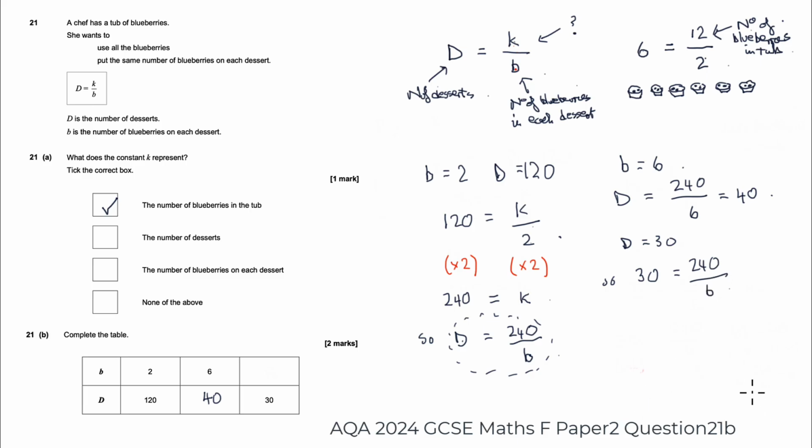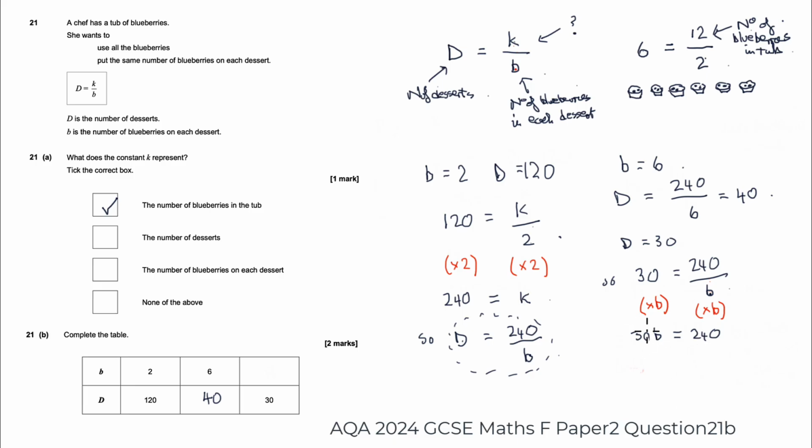Well, we're in an equation again. Let's get rid of this divide by b by multiplying by b. Do that to both sides. Keep the thing balanced. 30 times b. That goes. Divide by b times b, they disappear. You're left with 240.